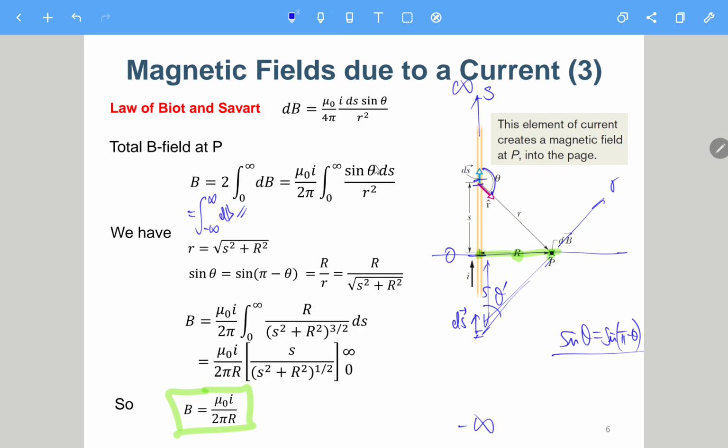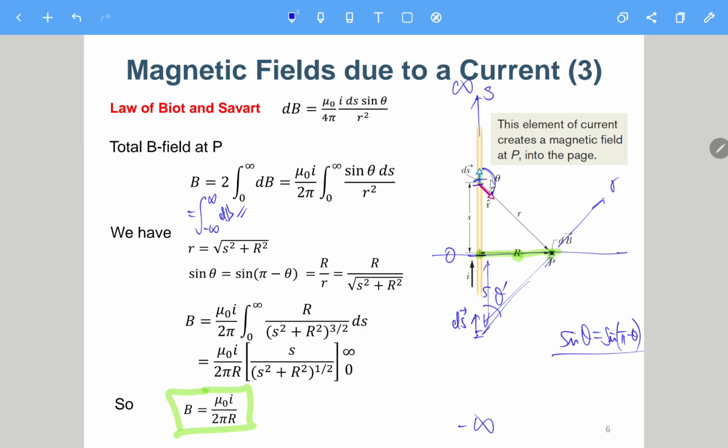So we cannot take everything out and integrate ds from 0 to infinity, this is not correct. We need to express theta and r squared in terms of s so that we can do the integration.